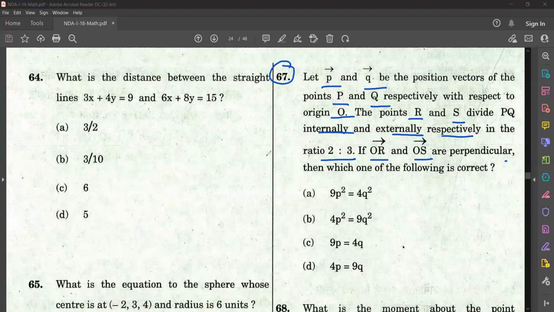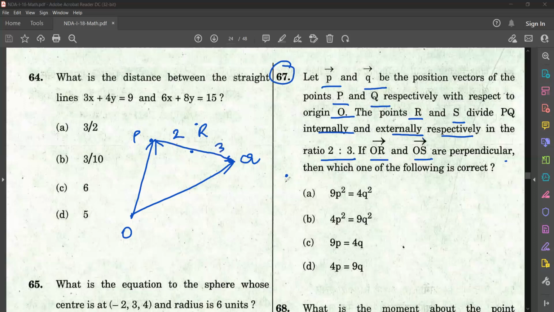See, listen. We have 2 points, isn't it? P and Q. Then position vector means that is with respect to origin. Now, there are 2 points R and S. R divides this internally in the ratio 2:3.